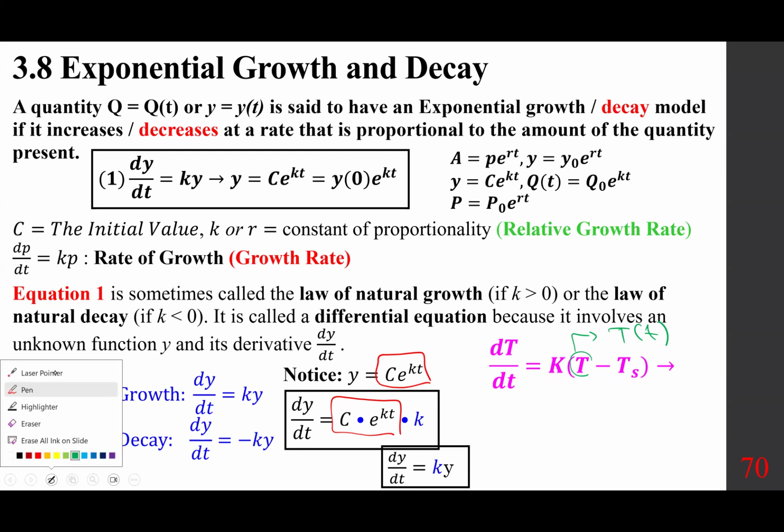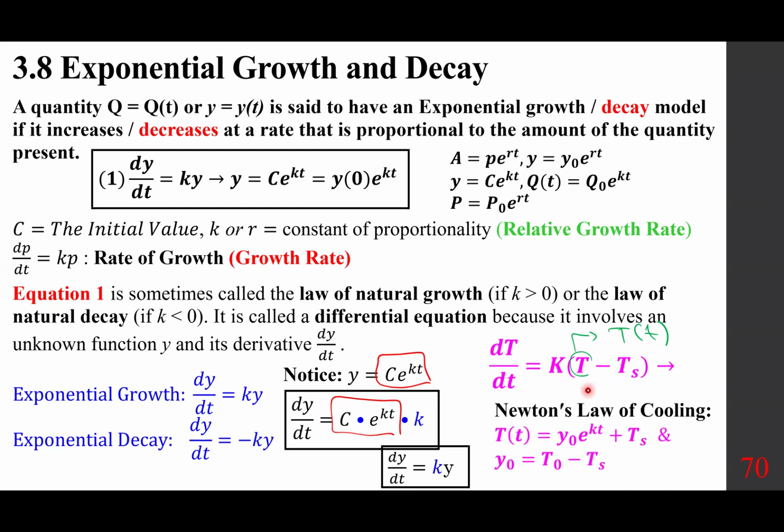It's a function, capital T of t. So for short, capital T. This is known as Newton's law of cooling. If that is the case, then T of t has the formula y sub 0 e to the power of kt plus T sub s, and y sub 0 is T sub 0 minus T sub s. We are going to actually go over that with a little bit more details in a moment.